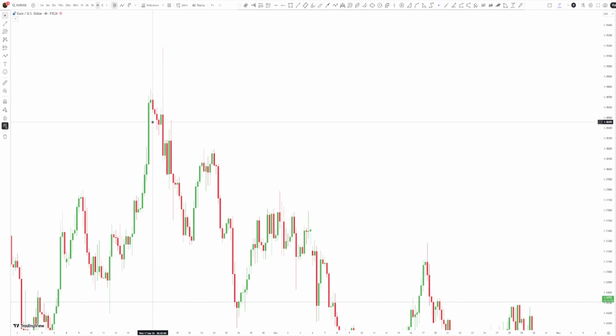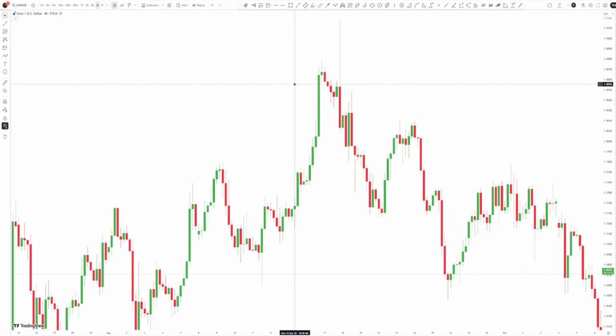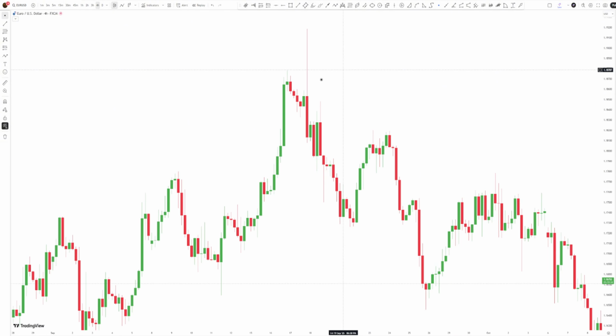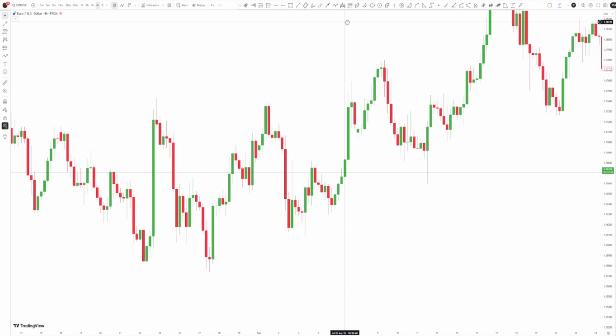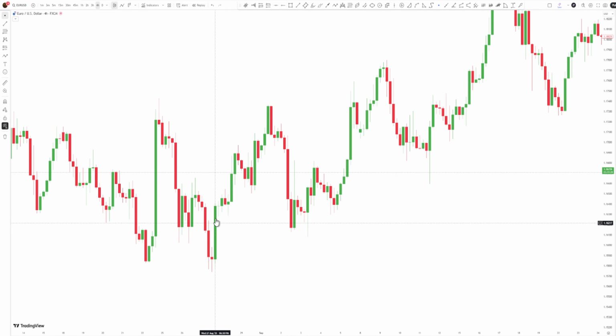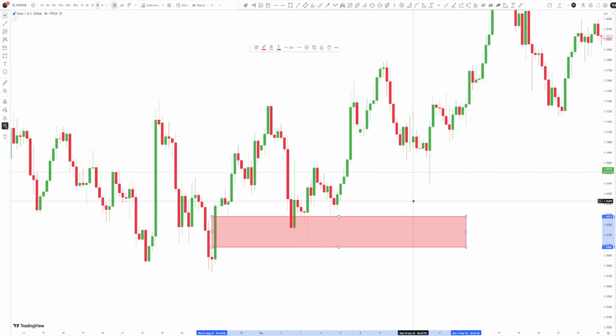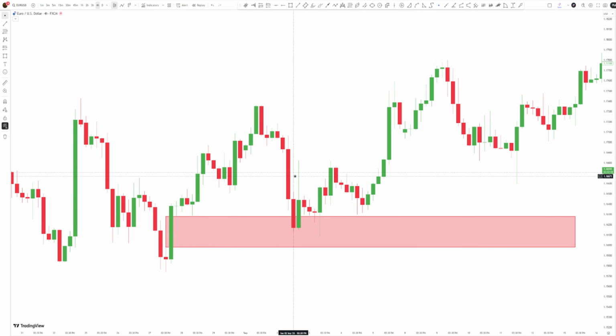Okay, guys, we have found a fair value gap. Okay, this is not a fair value gap either. I forgot. Okay, here we have found a fair value gap. Here you can see this gap will be considered the fair value gap, and here you can see that the price came to this level and touched or came inside the zone and got reversed.